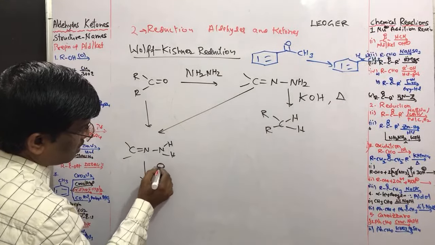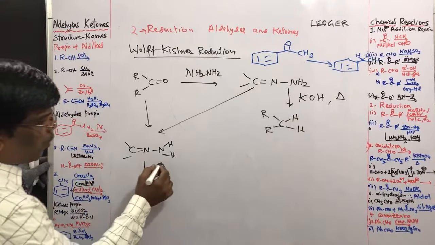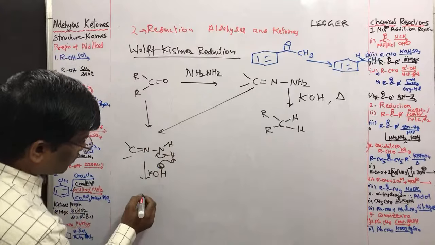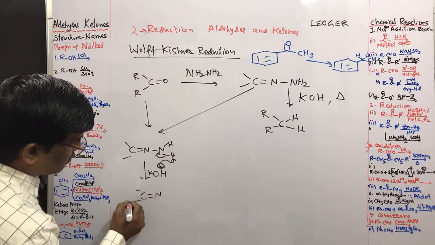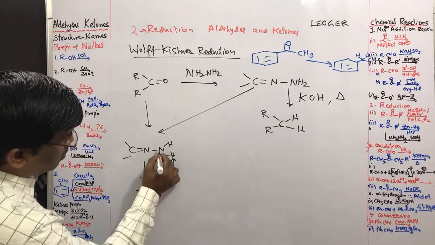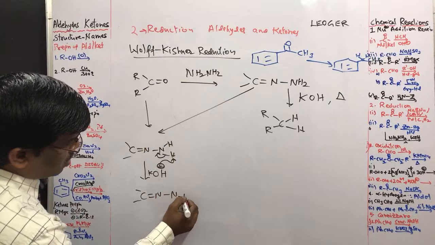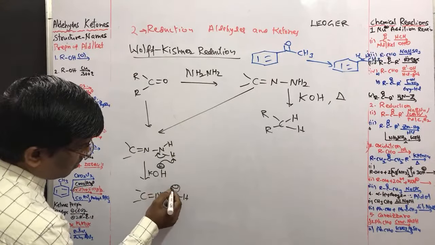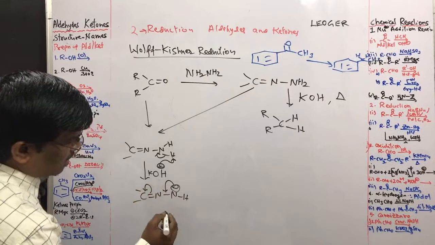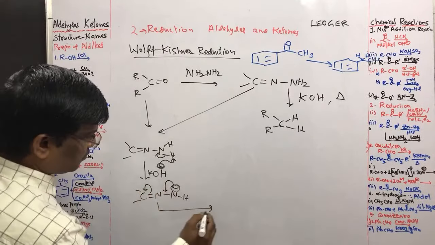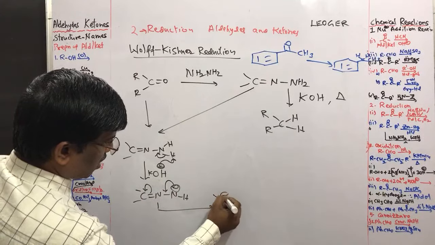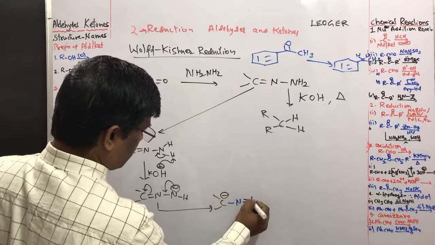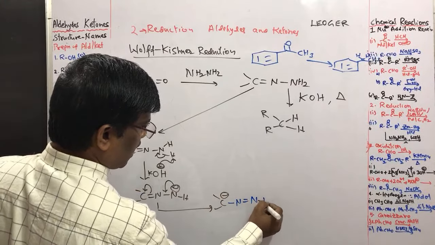So OH minus takes a proton from this nitrogen to form nitrogen minus, and this nitrogen minus comes here, carbon minus, this is N double bond N and hydrogen.